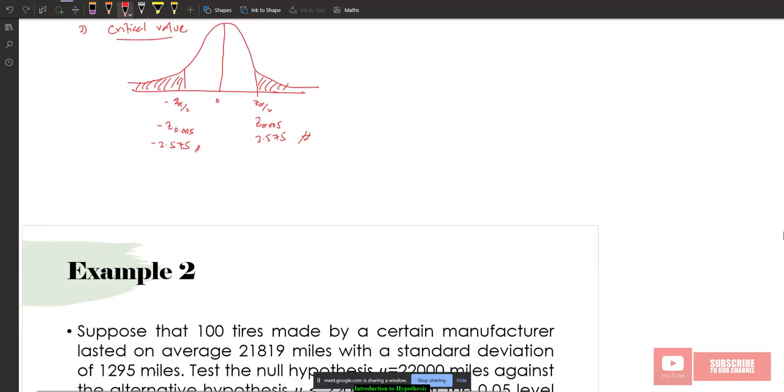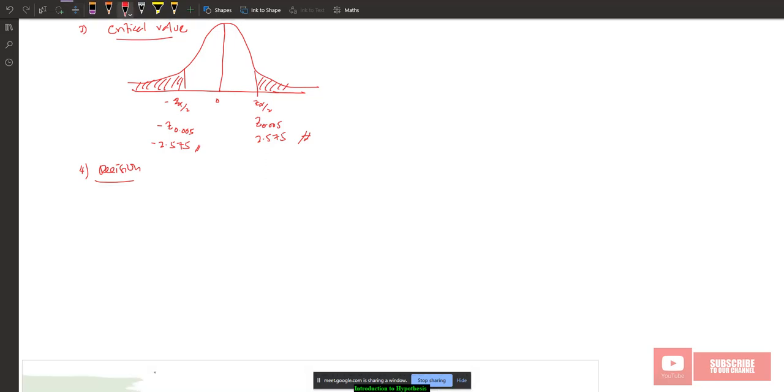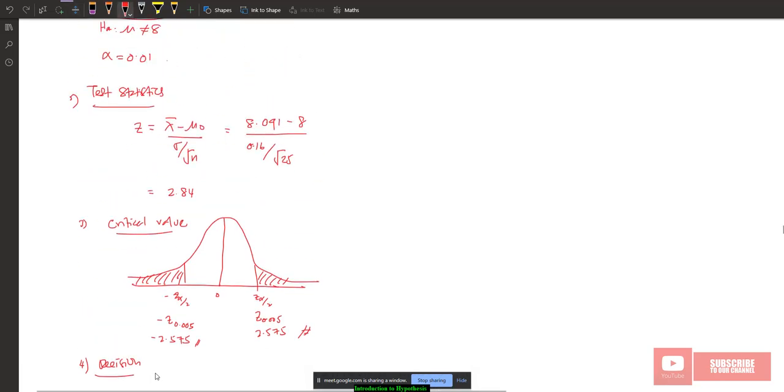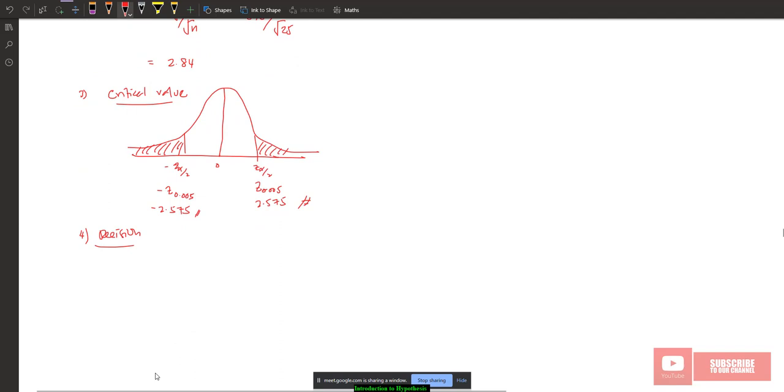Next, we need to make a decision. Step number 4, decision. Our decision rule: if z calculated lies more than z alpha divided by 2, we reject the null hypothesis. If z calculated is less than negative z alpha divided by 2, we reject the null hypothesis. So we need to write down the decision rule.